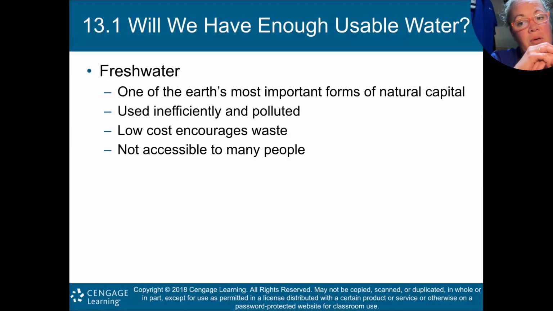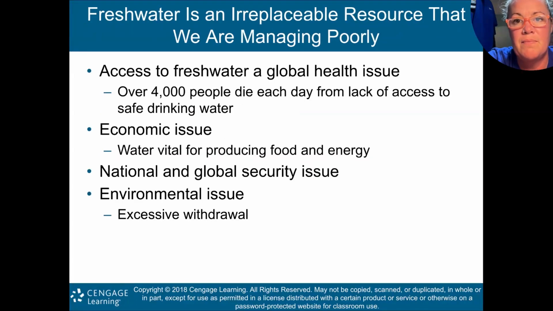The thing about fresh water is it is pretty inefficiently used. It's highly polluted. And because it is low cost, it really doesn't discourage waste. So if it doesn't discourage waste, it encourages waste. And it's not accessible to many people in the world. Freshwater has an irreplaceable component.